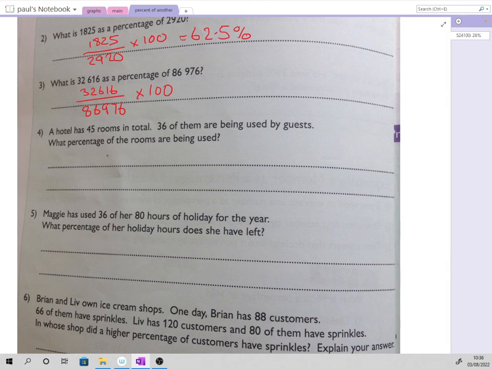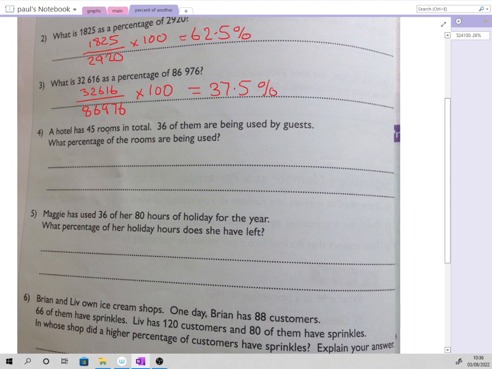There's no need to press equals halfway through in the calculator. Just do that divided by that times that equals, and you get 37.5%.